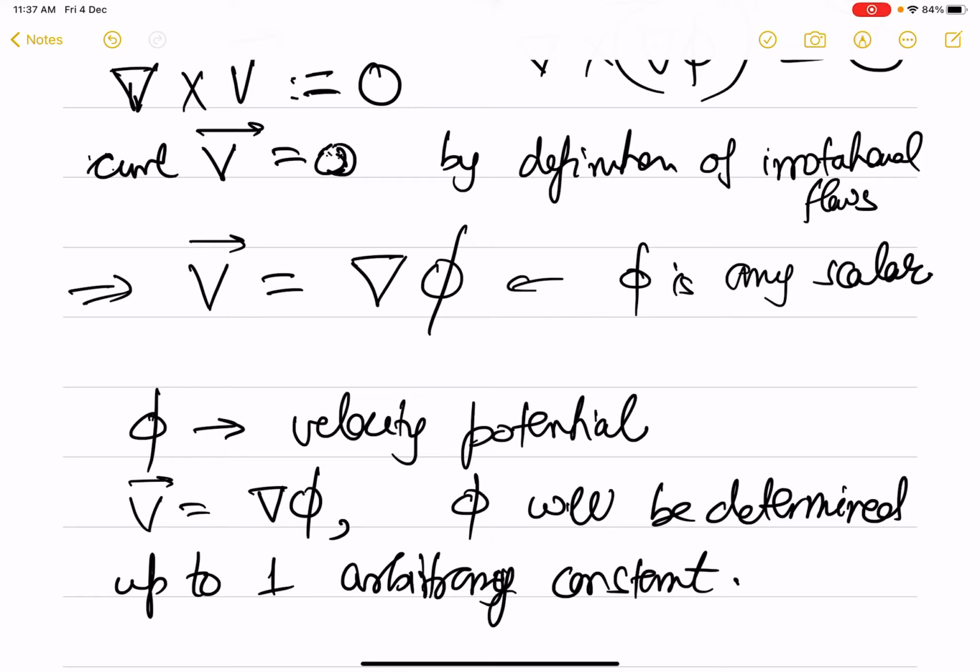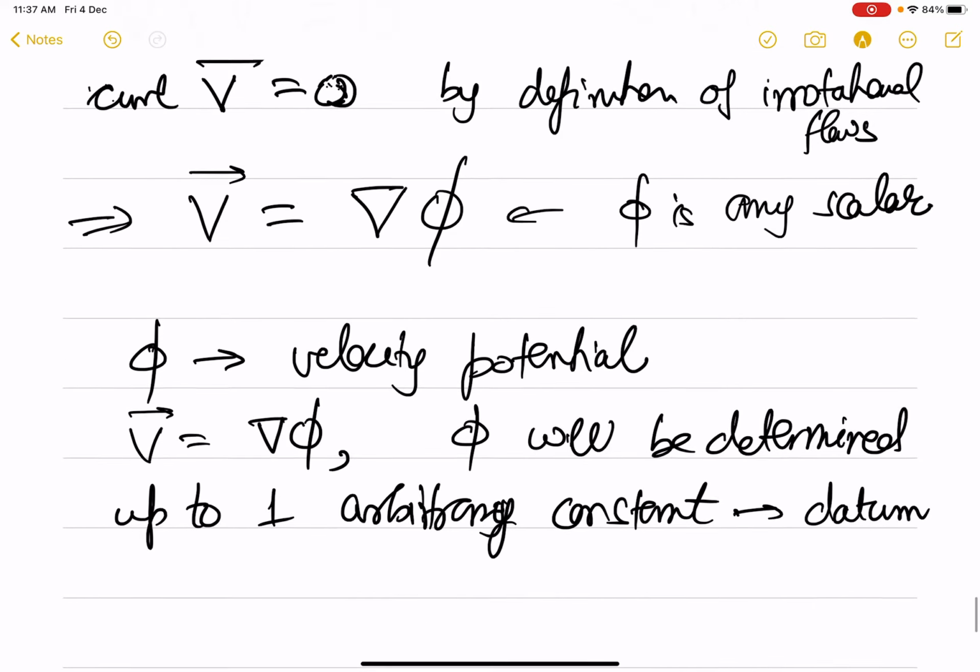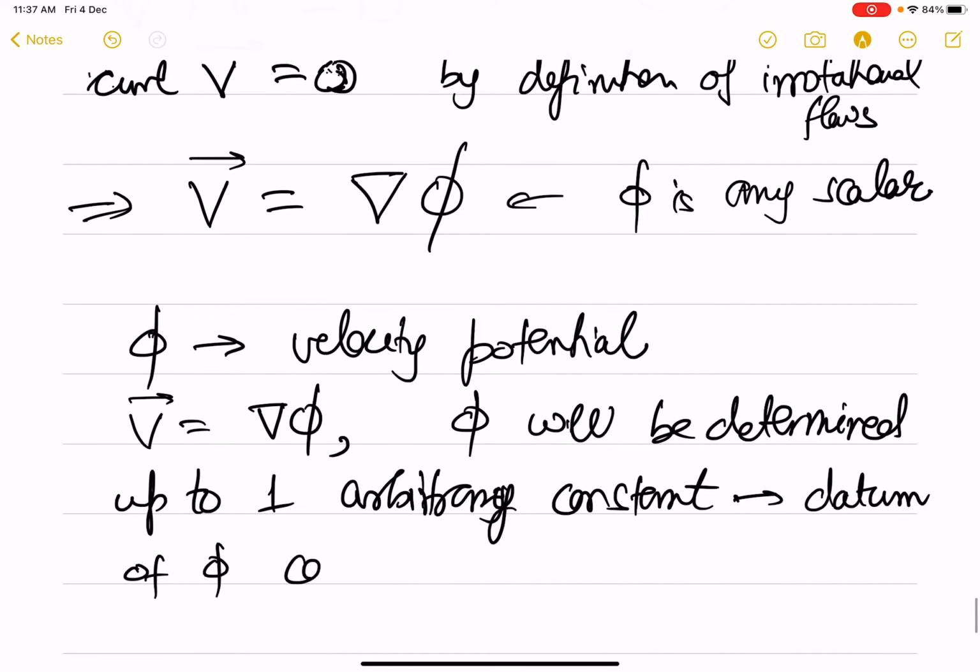So we can say that the datum of phi can be chosen arbitrarily. And this is like the potential energy. In fact, phi has been referred to as the velocity potential. This is like the potential energy which we have seen in the first course in mechanics, and you can choose the datum for that potential energy mgz term anywhere. So here also the datum for phi can be chosen at any place.